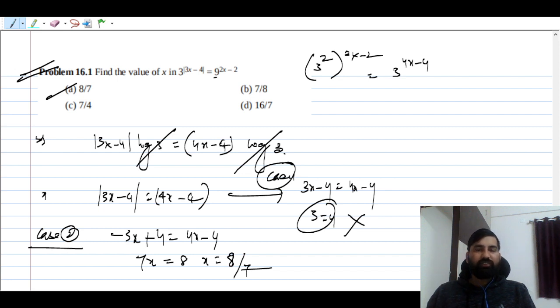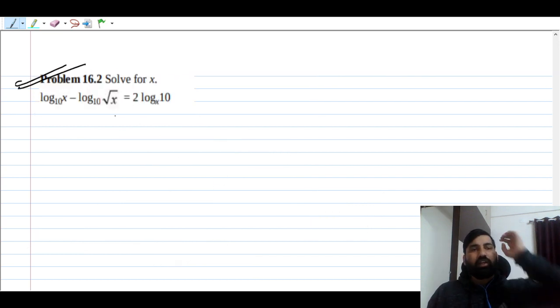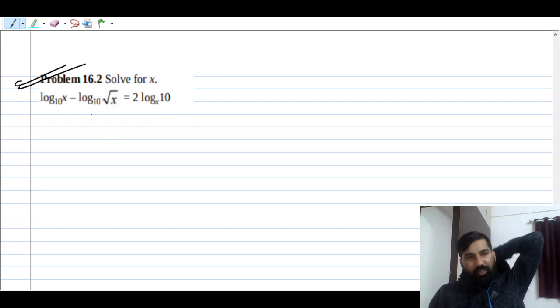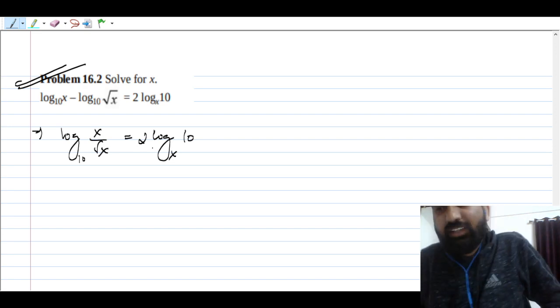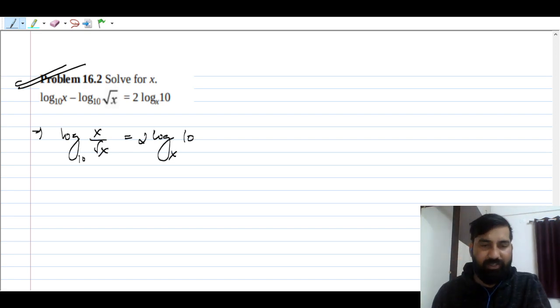Let us give one more question. You can solve a lot of questions just with log base. Solve for x. Here you can simply write this as log x by root x base 10. This can be written as 2 log x, okay. So here you see, guys, the base is different, so you can't equate this log directly, okay.